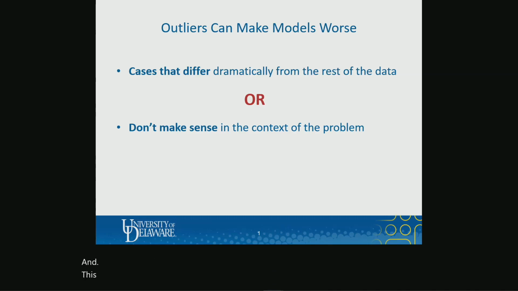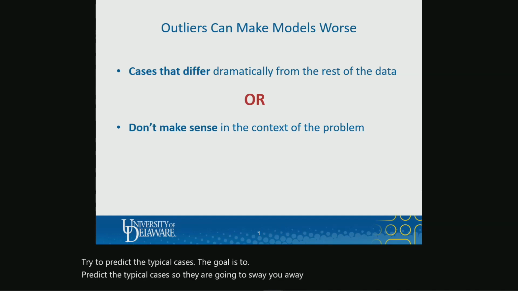These observations do not make your estimation better, because they are special cases and you want to try to predict the typical cases. The goal is to predict the typical cases. So they are going to sway you away from predicting the typical cases correctly.